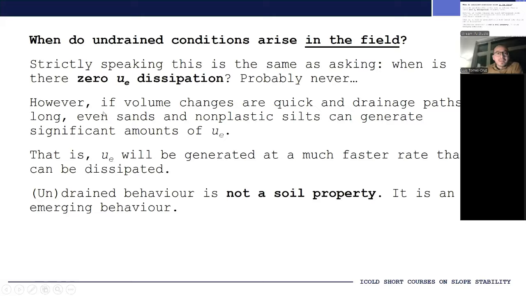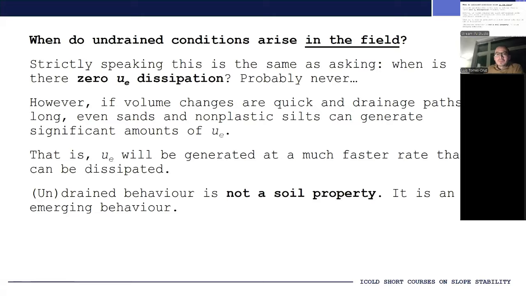However, if the volume changes that are occurring in the field are happening quickly and the drainage paths are long, then even sands and non-plastic silts can generate significant amounts of excess pore water pressure.